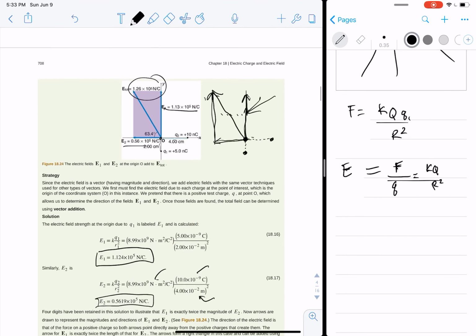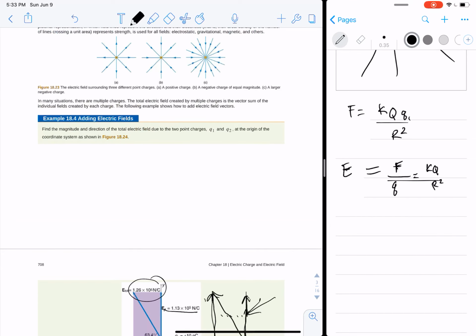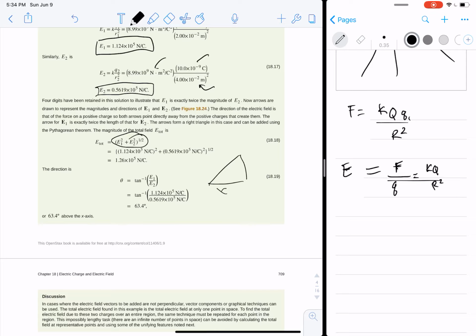Then, does it ask the direction? It does: find the magnitude and direction. The magnitude would be the length of this vector. The direction is going to be the angle here. It's just a triangle, so if we know all three sides, you could figure out any angle you wanted.